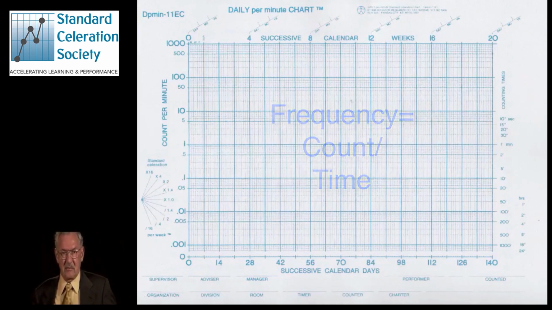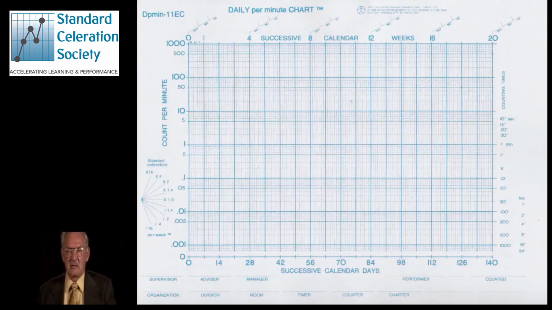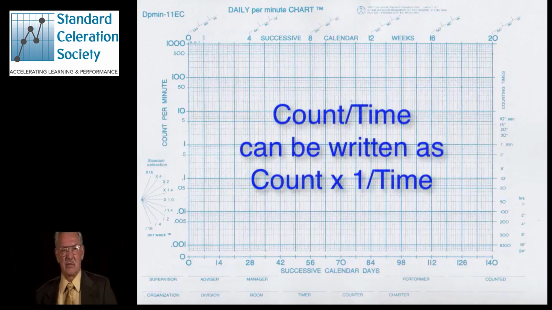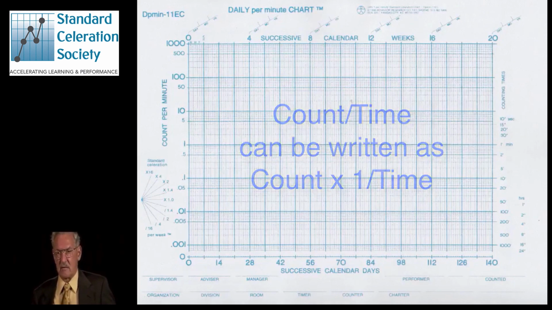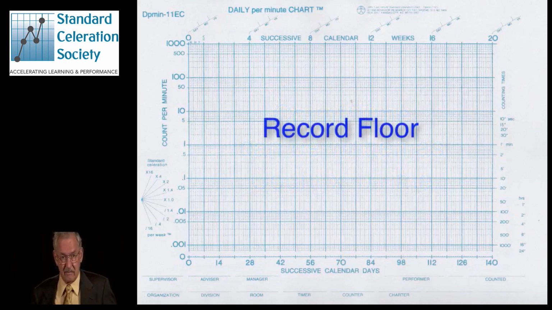Now, we're going to look at the algebra of this for just a moment and call attention to the fact that count over time can be written as count multiplied by 1 over time, right? As frequency is count divided by time, which can also be written as count multiplied by 1 over time, or the reciprocal of time. But what's that? That's the record floor.